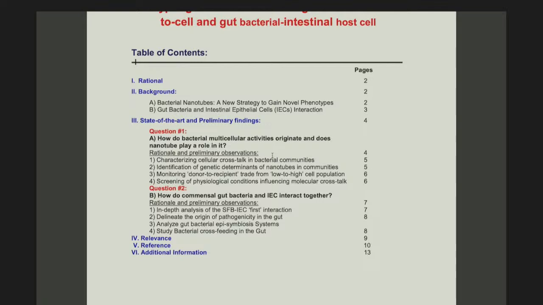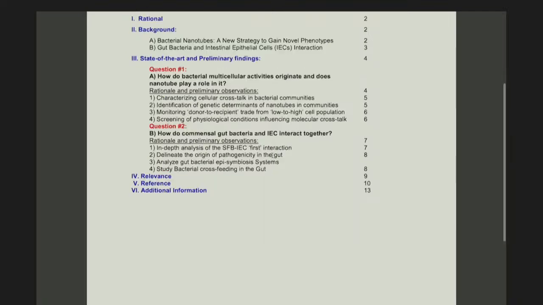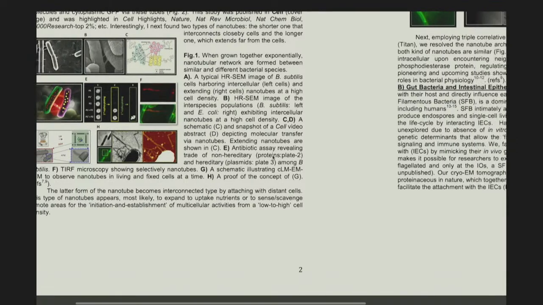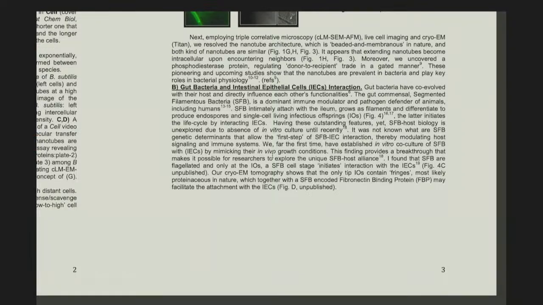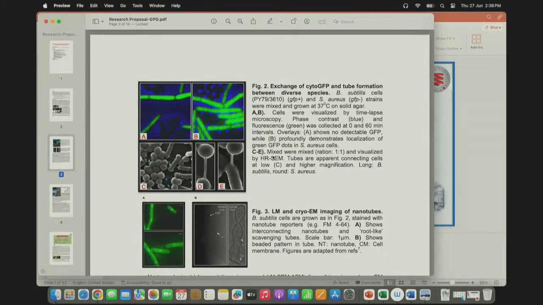So on the second question, here in the second figure, figure 3, you can see we used live cell imaging and we immediately fixed them, like in the Titan T300 cryo-electron microscope, and then we did tomography.